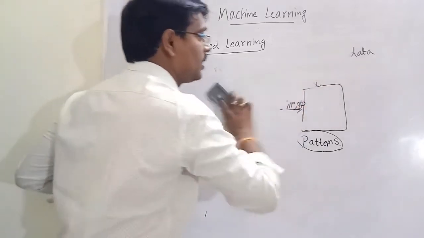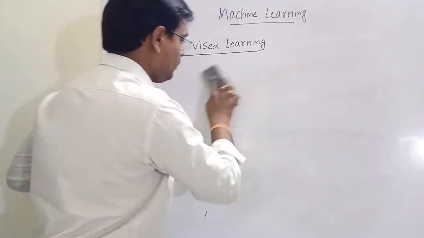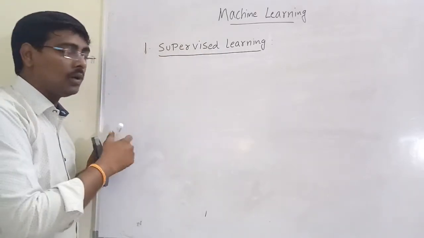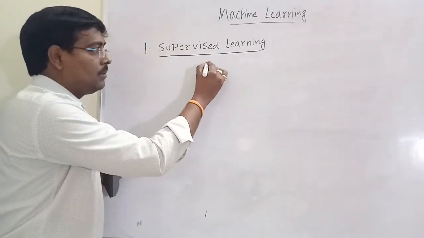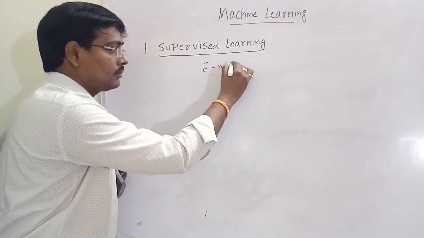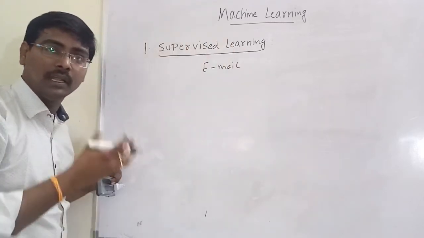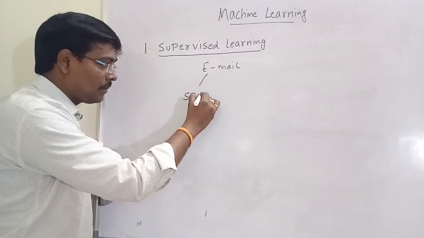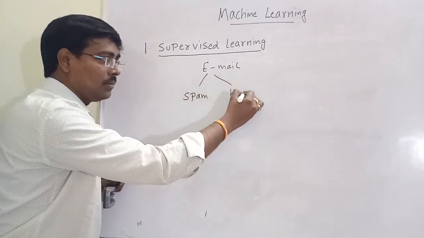So see the diagrammatic representation. First, what do you mean by label? For example, we have emails, and emails are divided into two types: spam emails and ham emails.